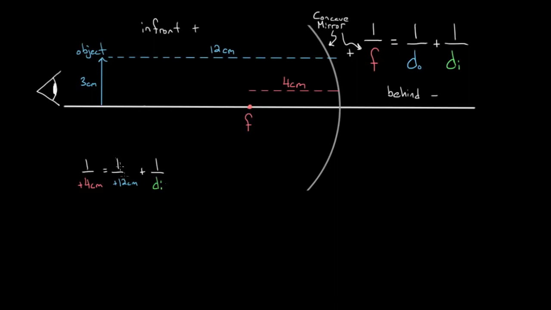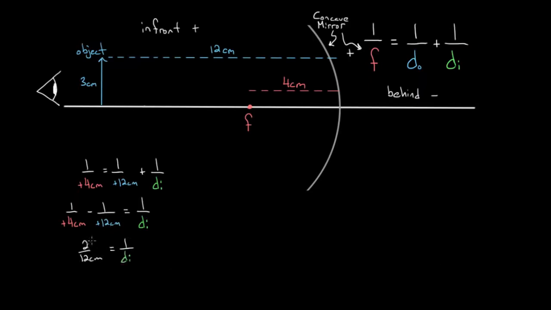I'll subtract 1 over 12 from both sides, which will give us 1 over 4 centimeters minus 1 over 12 centimeters. And that's going to have to equal 1 over the image distance. So 1/4 you could rewrite as 3/12. So 3/12 minus 1/12 is just going to be 2/12, and that's going to equal 1 over the image distance.